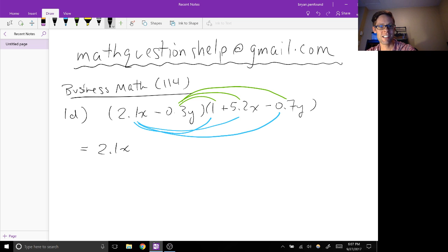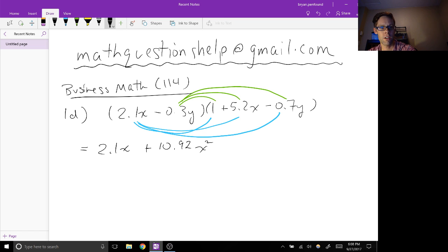So 2.1x times 1 gives me 2.1x. I'm going to grab a calculator here because I can't do decimal multiplications in my brain. So we've got 2.1 times 5.2. It's going to give me 10.92. And looking at the variable portion, x times x is going to give me an x squared.